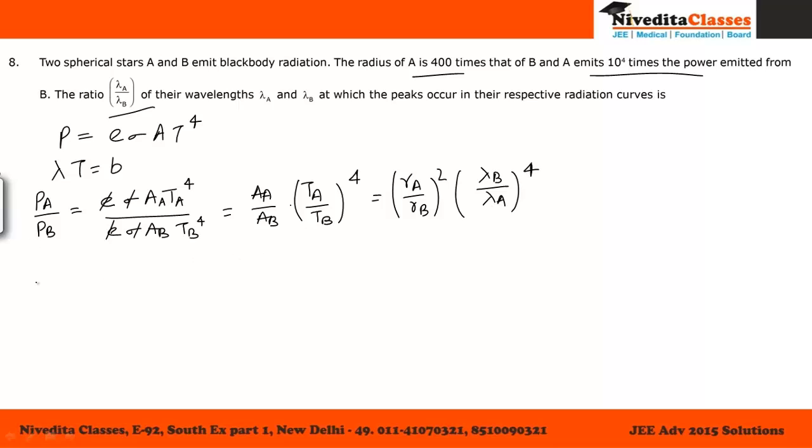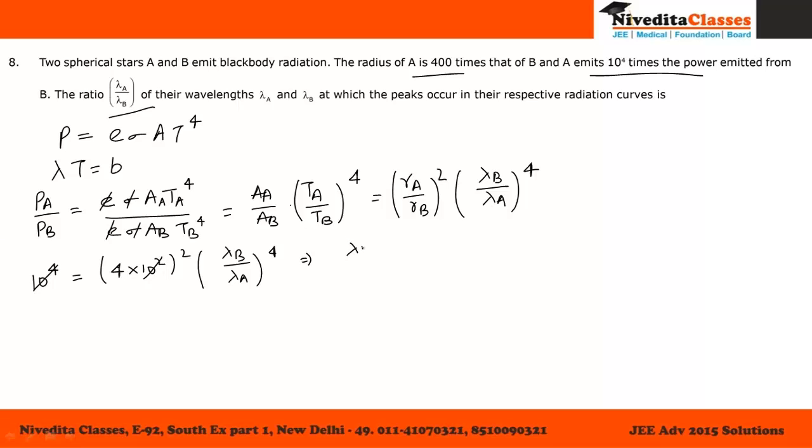Now putting in the values, we will have 10 raised to power 4, which will be equal to 4 into 10 raised to power 2, which is actually 400, which is given to us, and its square. Then we have lambda_B divided by lambda_A raised to power 4. This 10 raised to power 2 squared becomes 10 raised to power 4 and gets cancelled out, and this 4 square is 16.